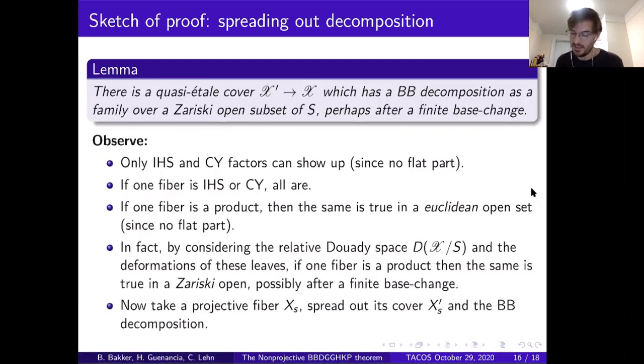Basically, the point is, in this locally trivial family, take a projective fiber on which you have some quasi-étale cover where you have a decomposition. Spread out that quasi-étale cover to the whole family. Take the decomposition and then spread out that decomposition. Okay, so this gives us a decomposition, at least on a Zariski open set.